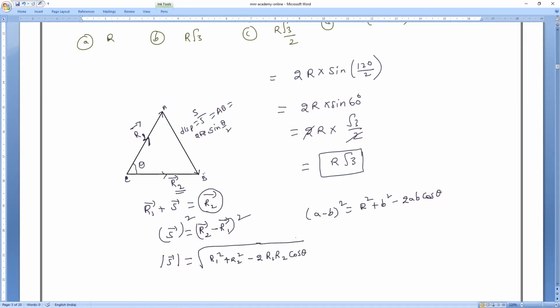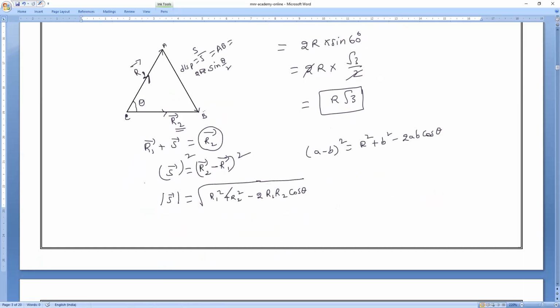Clear? Rudreshwar? Then displacement S equals, keep it in mind, now you tell me what will happen. R1 square plus R2 square minus 2R1 R2 cos theta. As we all know, R1 equals R2, these both are equal, the radius in the circle.